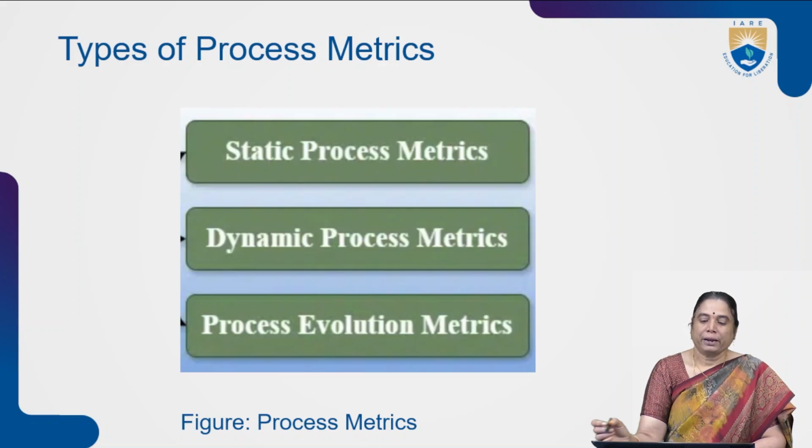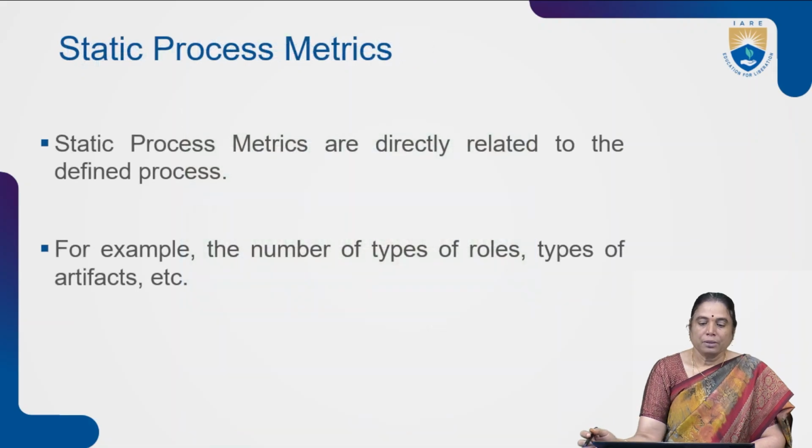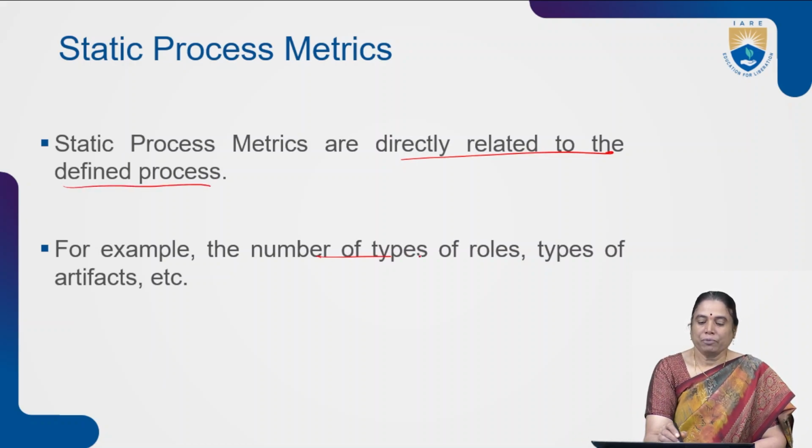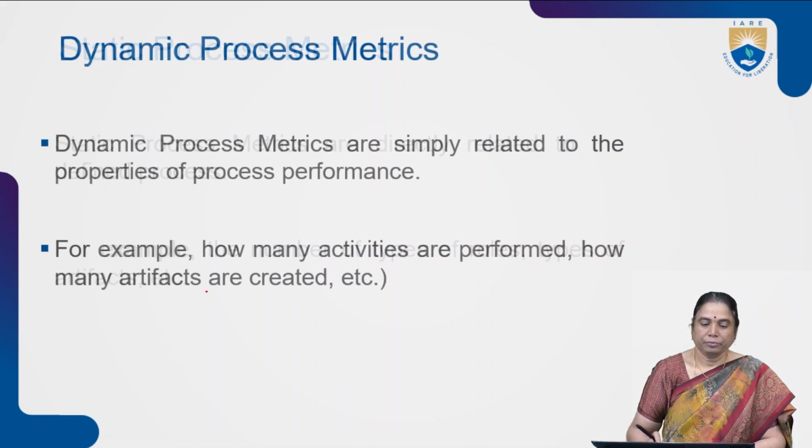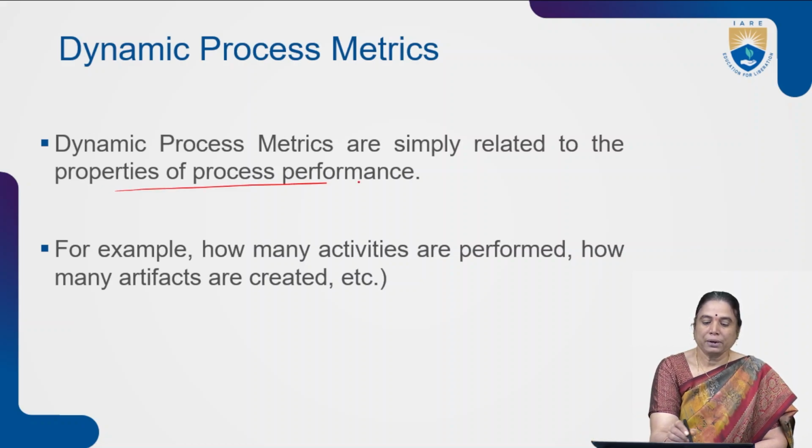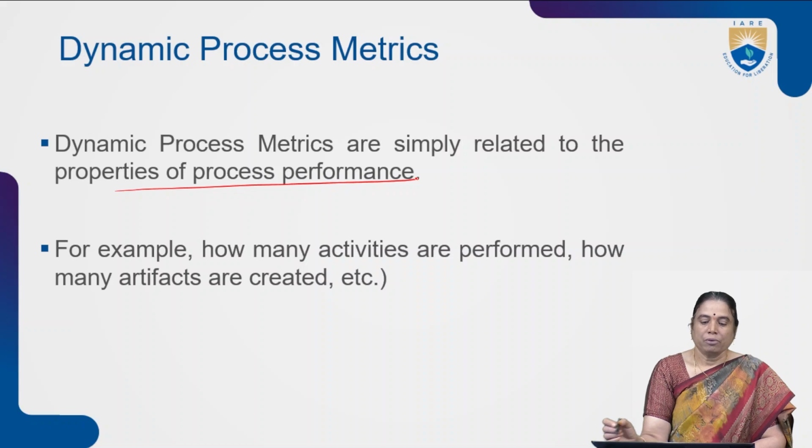Varieties of process metrics are static process metrics, dynamic process metrics, and process evolution metrics. Static process metrics are directly related to the defined processes, for example, number of types of roles, types of artifacts, etc. Dynamic process metrics are related to the properties of the process performance, for example, how many activities are performed, how many active counts are created.